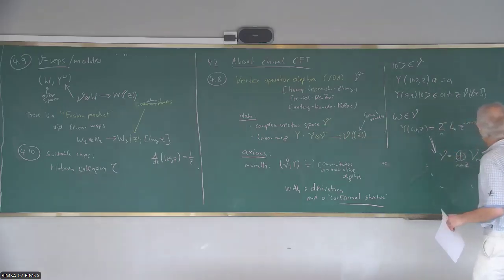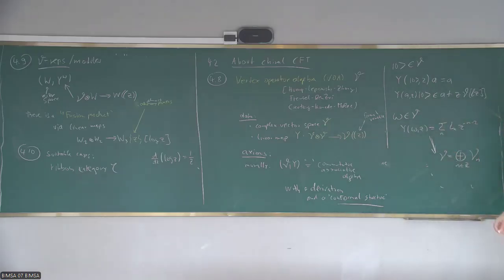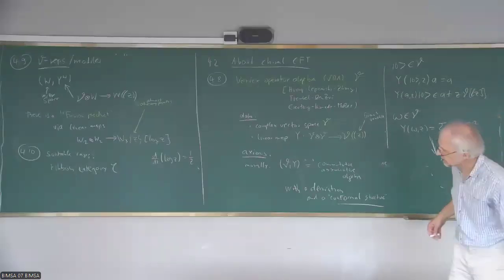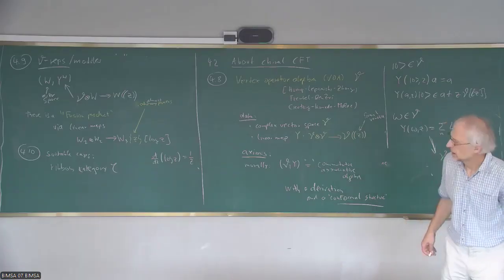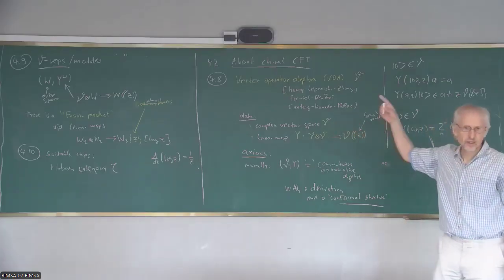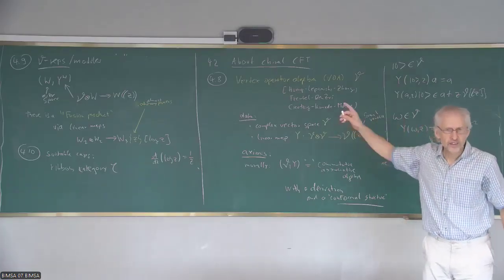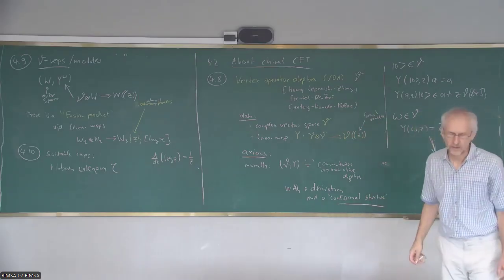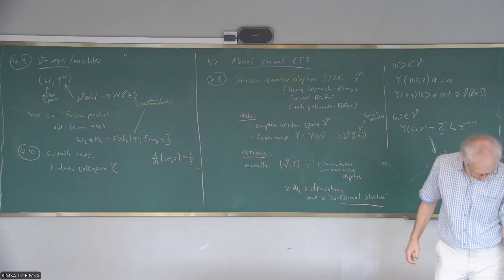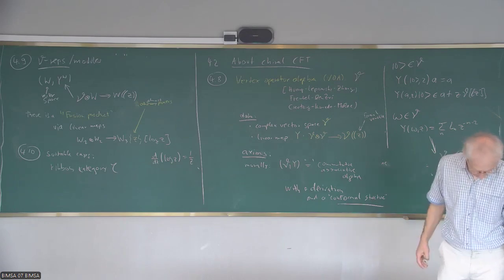Then one can take the grade-wise dual just of vector spaces, and this gives you a candidate for a rigid duality. In the case of rational theories and these finite logarithmic theories, it indeed gives you a rigid structure, but not in general.